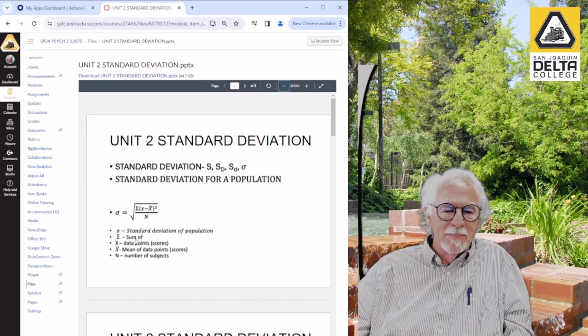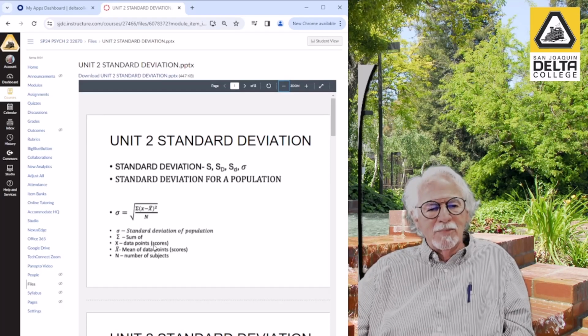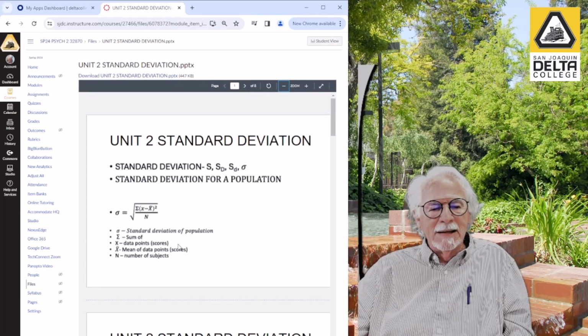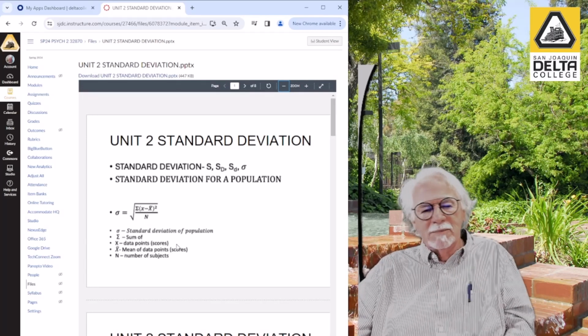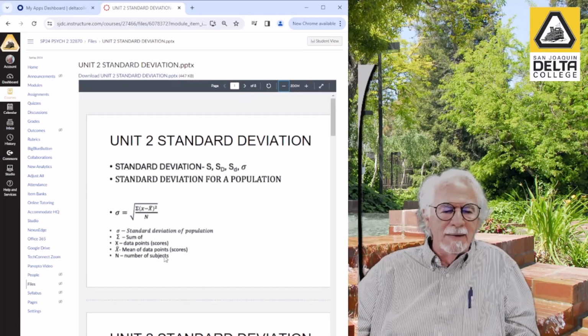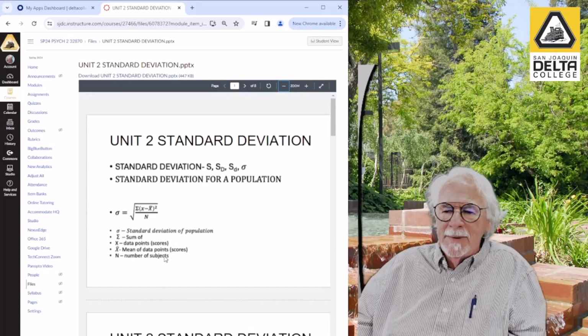This symbol is the sum of, meaning we're going to add them all up. These are all your data points or scores. X bar is your mean from all those scores, and we talked about that already. And N is your number of subjects.